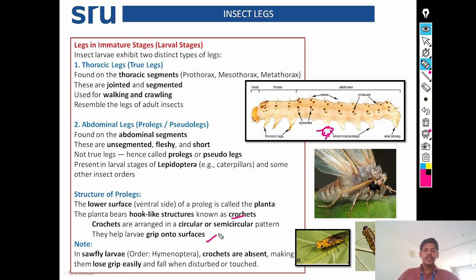They help in gripping onto the surface. In sawfly larvae, that is in the Hymenopteran order, crotchets are absent, making them lose grip easily and fall when disturbed or touched.